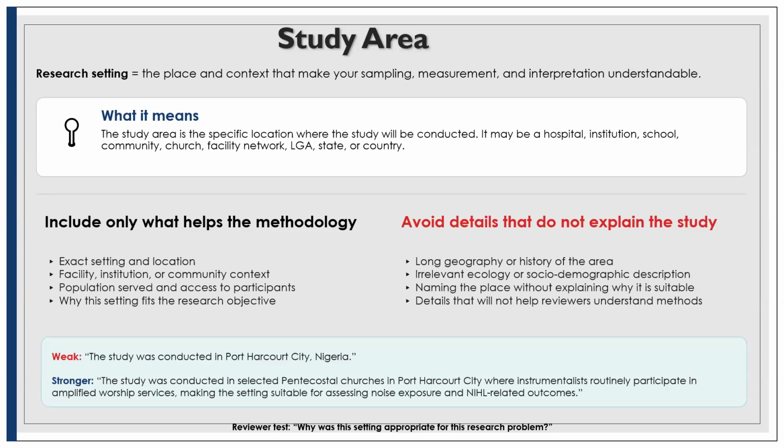But that is not correct. When we say study area in research, the focus is actually the study setting, in the sense of the exact location where you are collecting that data.